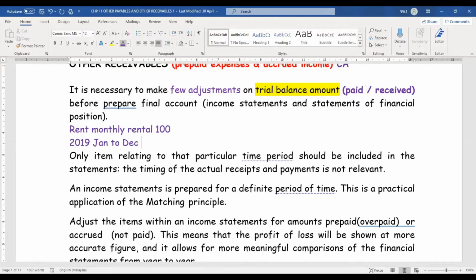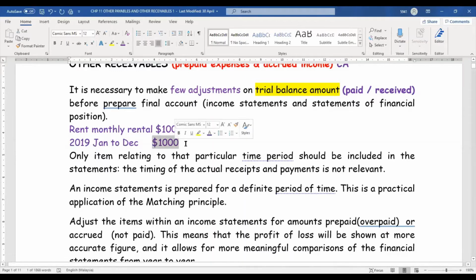January until December, we have paid $1,000. This is $100 per month, but our rental is from January to December.